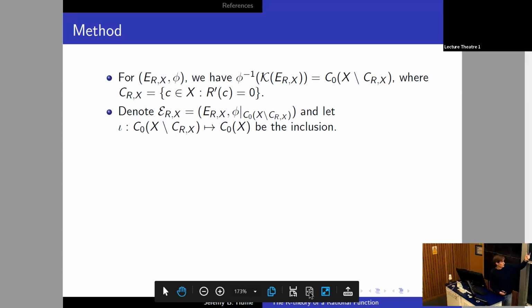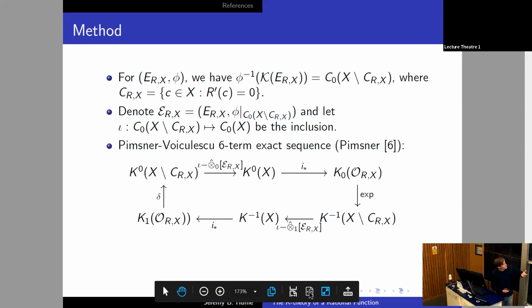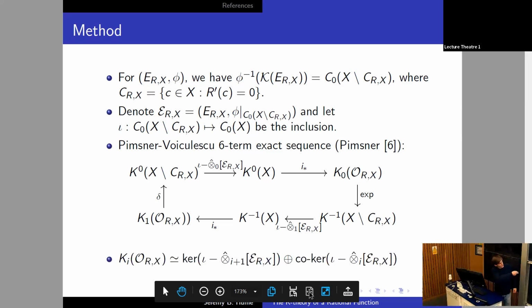And also, if you look at the inclusion here, iota, this will also define a class in KK. And Pimsner tells us we have a 6-term exact sequence of K theory in this way. And because the K theory of our coefficient algebras are relatively simple, free abelian, we get a splitting of K theory.